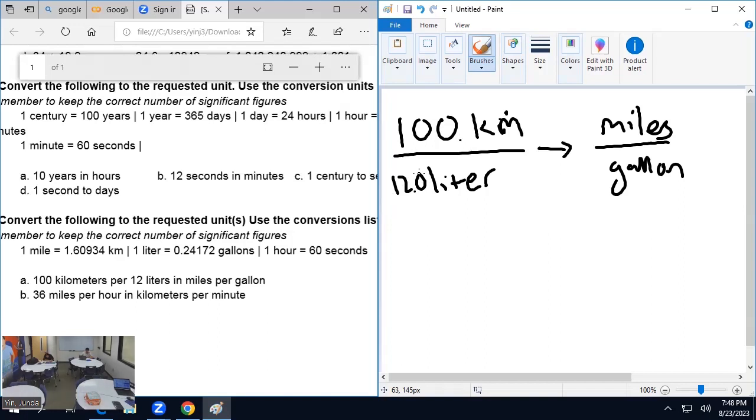I got 21.4 miles per gallon. I got 55.5 miles per gallon. I calculated the answer. Hold on.